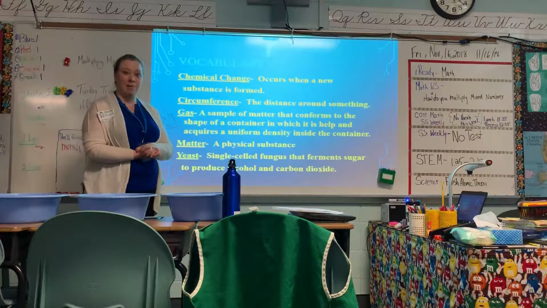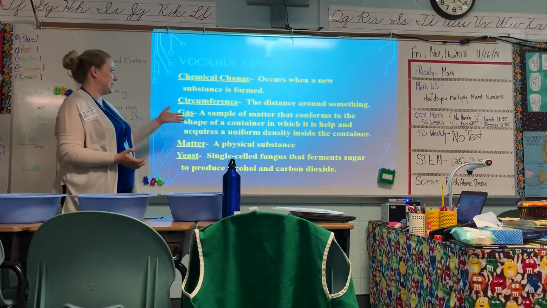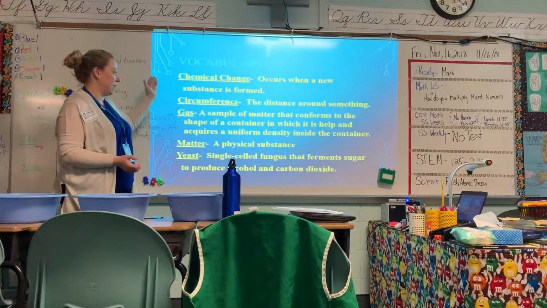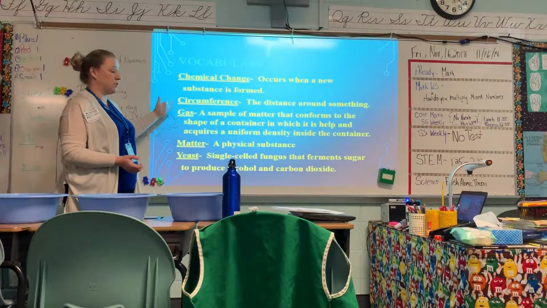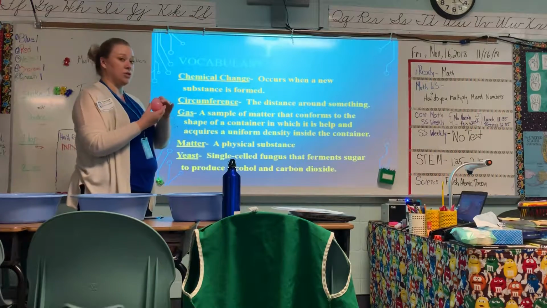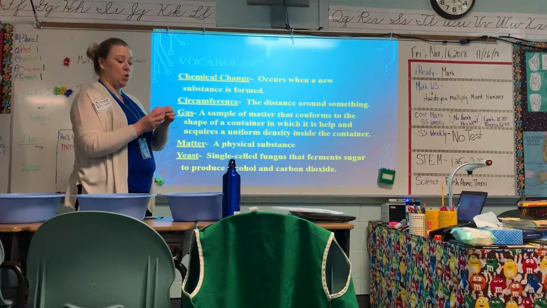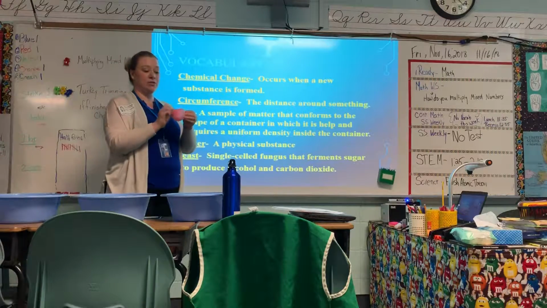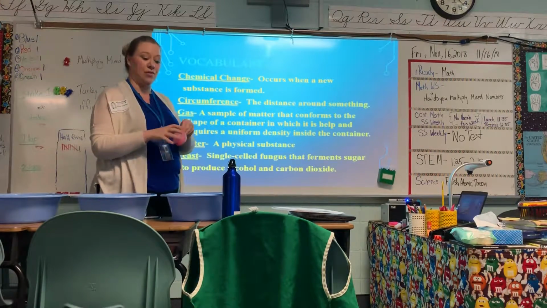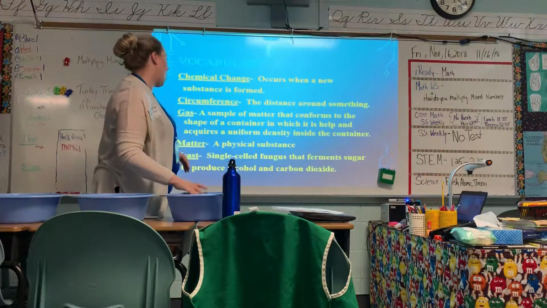We have vocabulary terms in this science experiment. We have a chemical change, which occurs when a new substance is formed. We have circumference, which is the distance around something. We use a string to measure the circumference in centimeters around the balloons after they sat for 30 minutes in the water.